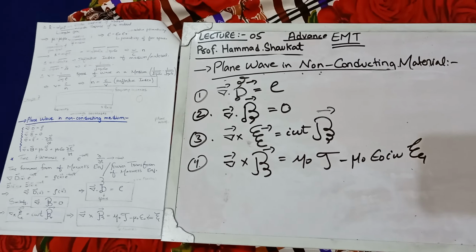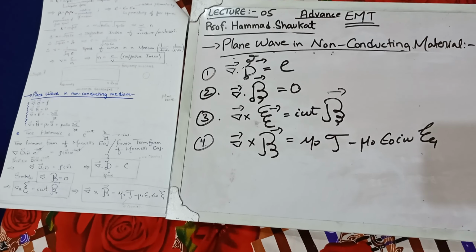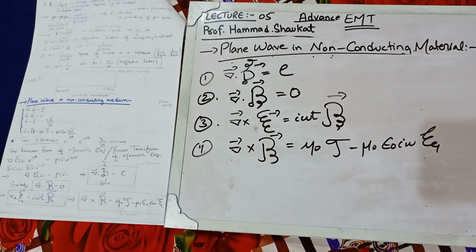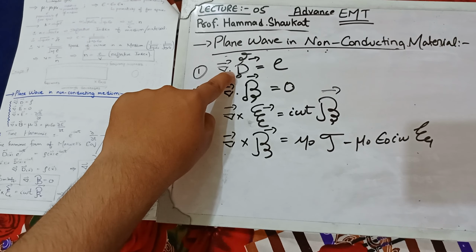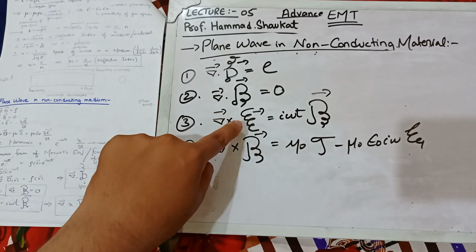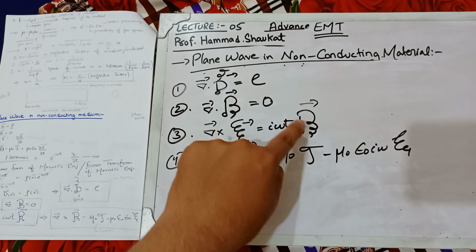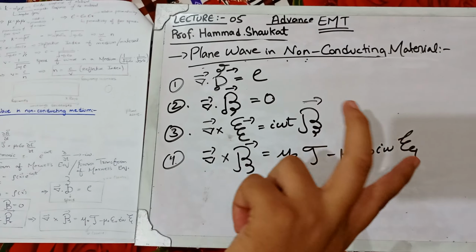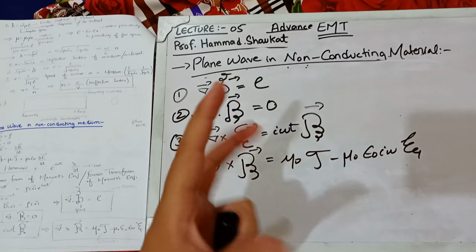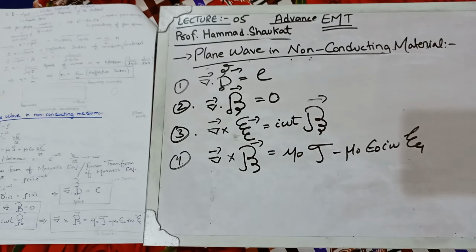These are not new equations, only a slight change in the shape of the symbols for the electric field, the magnetic field, and this is the current density J.